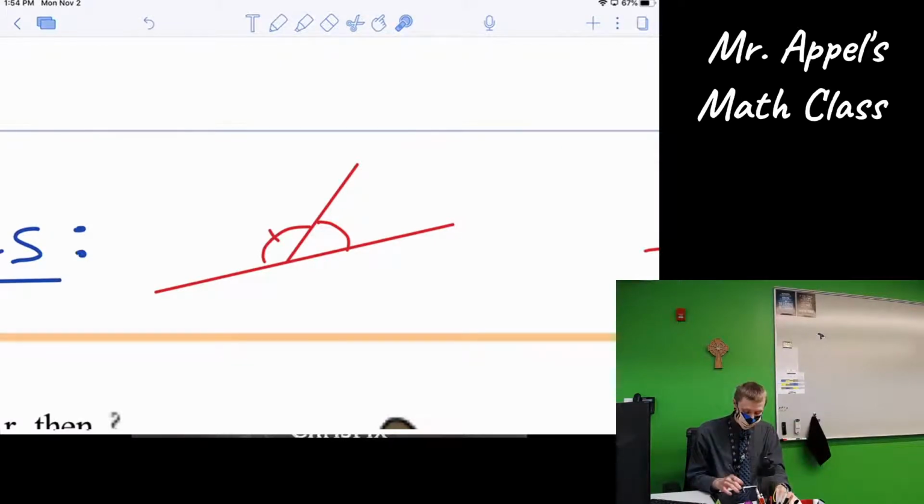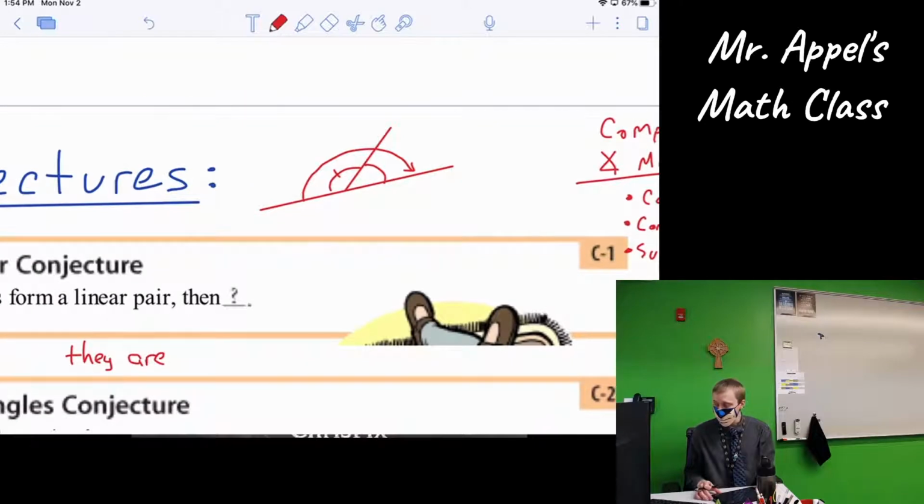Next question. This is a full straight line all the way around. A full straight angle is how many degrees? That's 180. So these 2 combined, they should add up to 180. And our word for adding to 180 is supplementary.